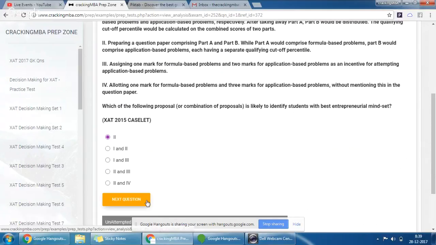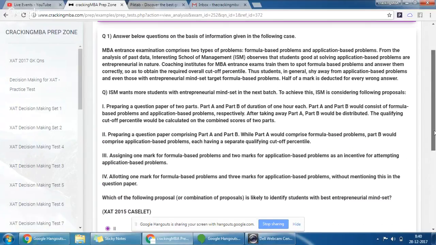Key saying 2 and 3 good option according to the one which I just shared. Yeah, it's more like a DI set now, trying to figure out which set corresponds to what question. So give me a second.